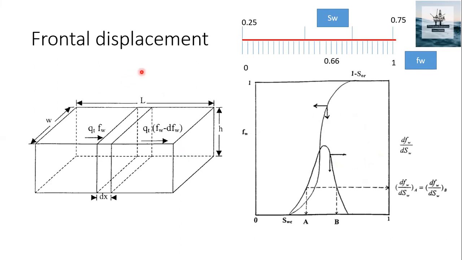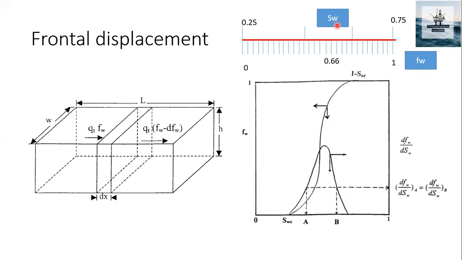So next comes frontal displacement. Buckley and Leverett have given equations for fractional flow and frontal displacement. First of all, we need to understand the difference between fractional flow and saturation of water, FW and SW.